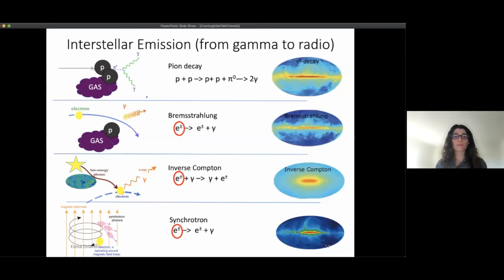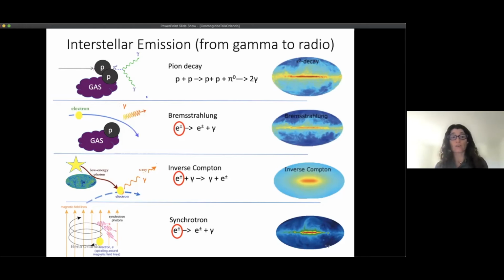These emission mechanisms are summarized here. So in gamma rays, we have pion decay by hadronic interactions of cosmic rays with gas, and bremsstrahlung and inverse Compton, also in gamma rays, from electronic interactions with interstellar gas and photons, respectively.